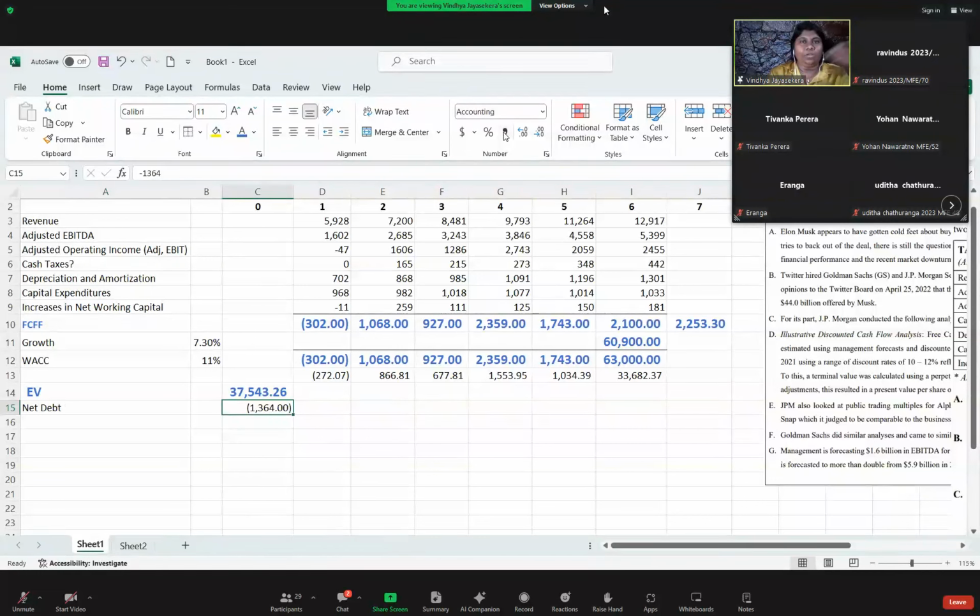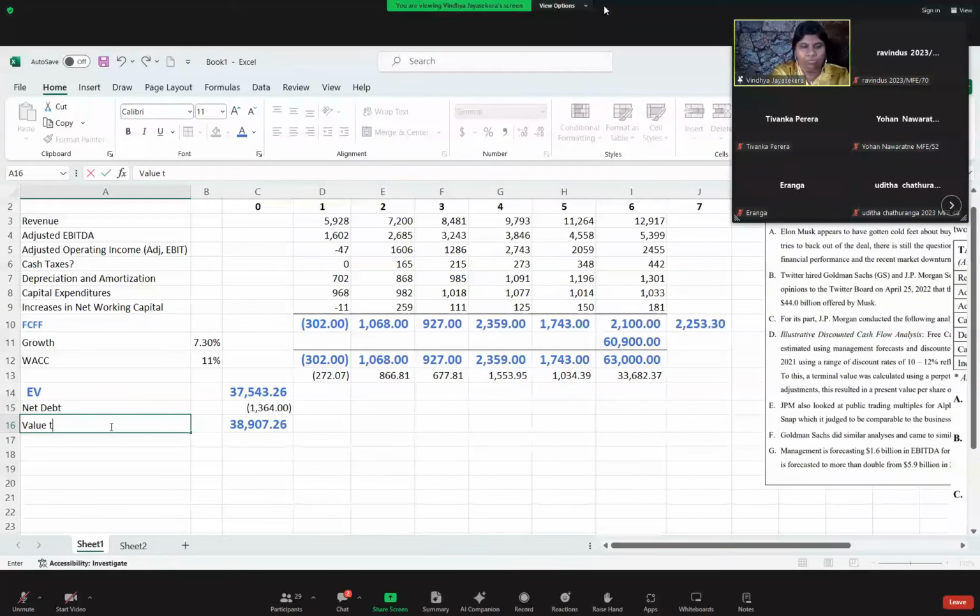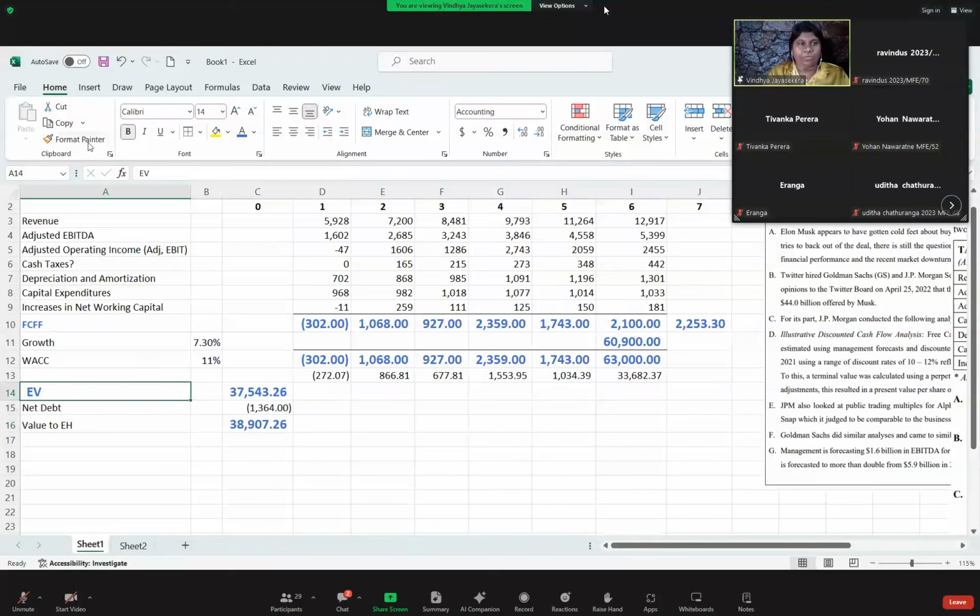Net debt is gross debt minus cash. But I have to take out that component anyway. So minus the debt, I come up with the value to equity holders.